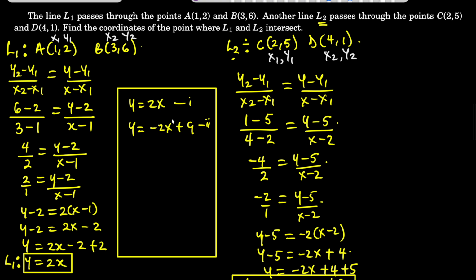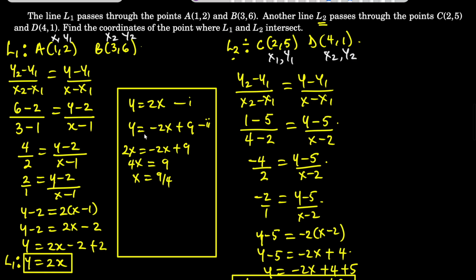So I can basically equate 2x to minus 2x plus 9. So I have 2x equals minus 2x plus 9. I have taken this minus 2x to this side, and it becomes plus. So here we have 4x equals 9, so x equals 9 over 4.